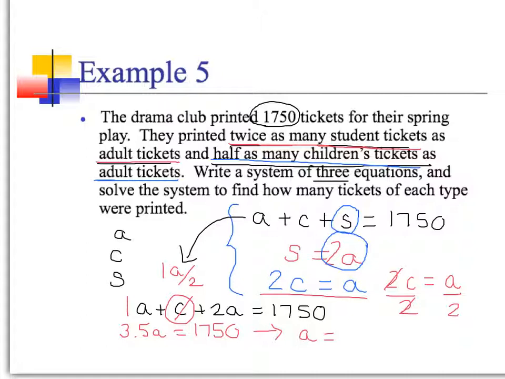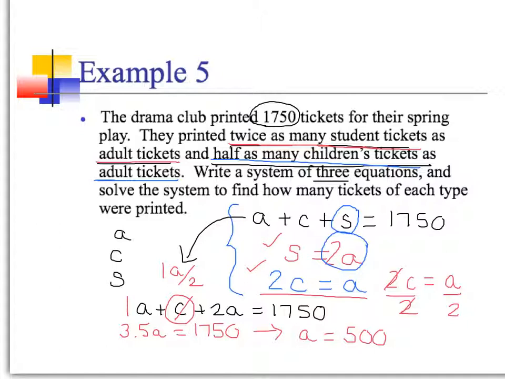So I'll find that the number of adult tickets is 1,750 divided by 3.5, which is 500. That's the hard part. Now the easy part is to figure out how many student tickets and how many children's tickets. And I can find that out easily using these 2 equations.